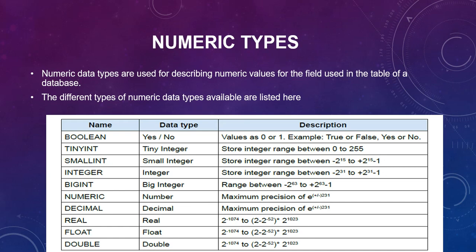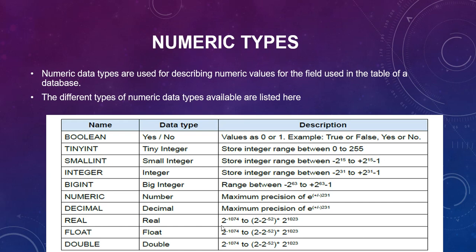Next one, real, float, double. These are mainly used for storing huge amounts of data in the table. For example, the distance between Earth and the Sun. For this kind of data, we can set these data types. So real, float, and double are used for storing huge amounts of data.